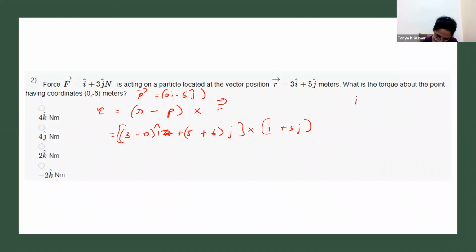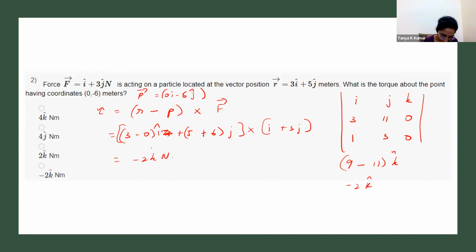Similar to the previous case, we take IJK. I here is 3, 5 plus 6 is 11, 0. Here you have 1, 3, 0. When you do the cross product, you have 9 minus 11 and only in the K direction. So you have minus 2K. So this is minus 2K Newton meter. That is the fourth option.